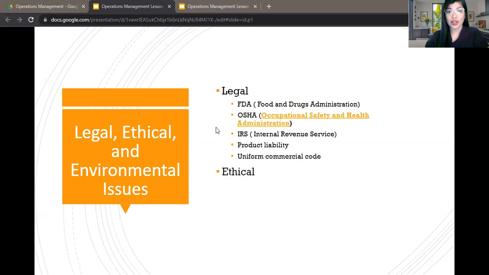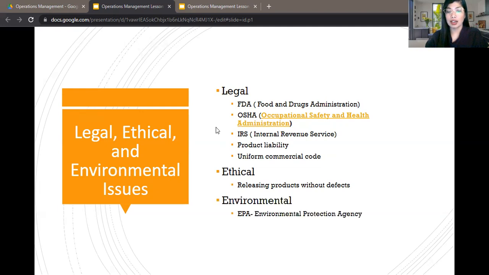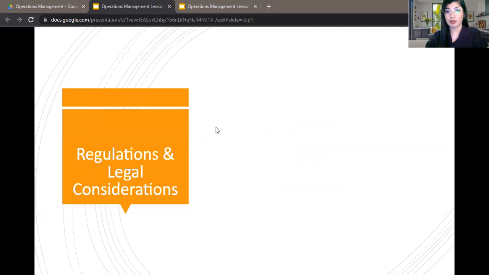We also have ethical standards, such as releasing products without defects. And of course, environmental. One of the governing agencies under environmental issues is the Environmental Protection Agency, or the EPA.